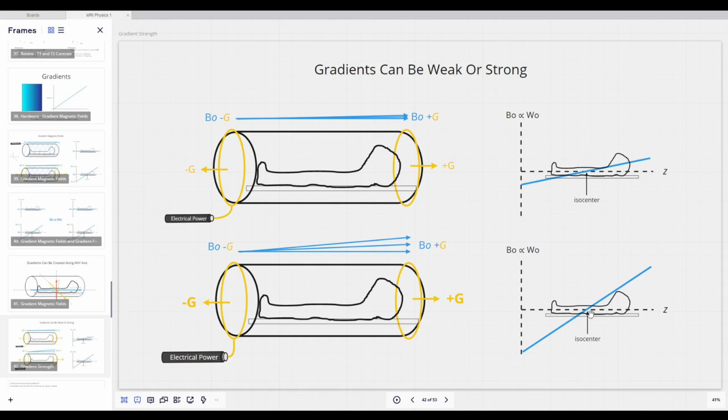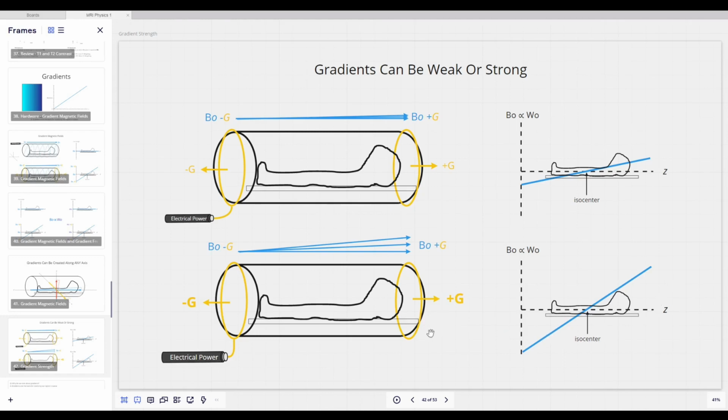And as a result, when we plot this on this graph, again, z-axis here, and strength of our net magnetic field, or our frequency, this is going to be a steeper slope than this. We're going to have a steeper gradient, a stronger gradient, a larger gradient, all ways of saying the same thing.